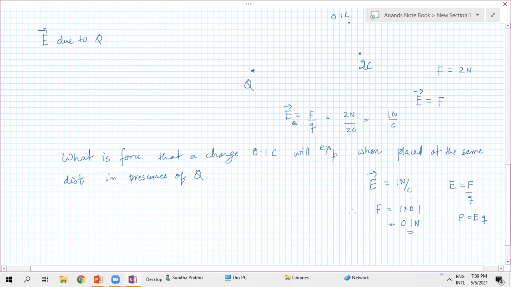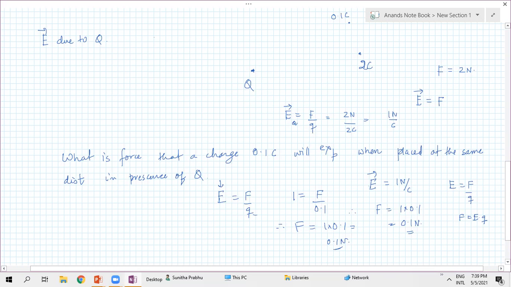Are you able to understand this, guys? Okay, so we are using the formula E is equal to F by Q, and we are substituting the value of E is equal to 1. We are finding out F for a Q of 0.1. Therefore, F is equal to 1 into 0.1 Newton.